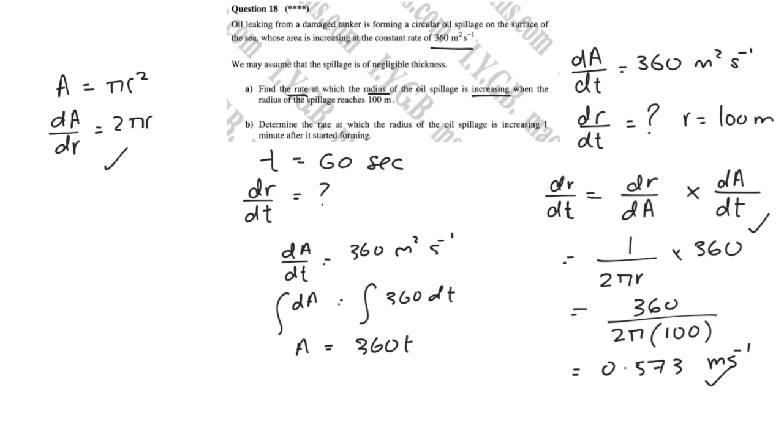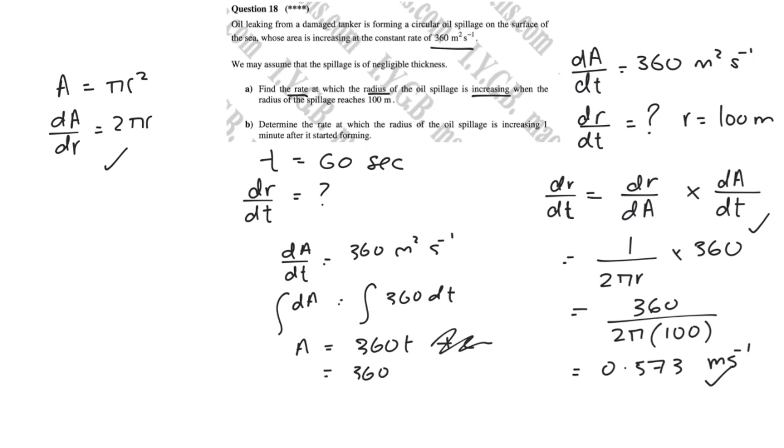We assume that area was 0 at t equals 0, so c is 0, and the area is therefore 360 times t. So that's the exaggerated part behind it.